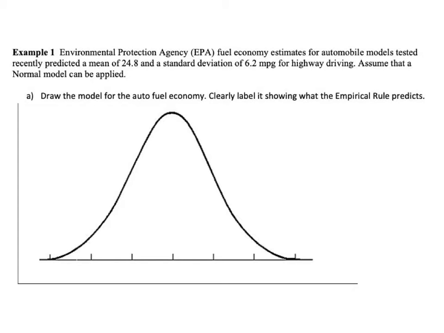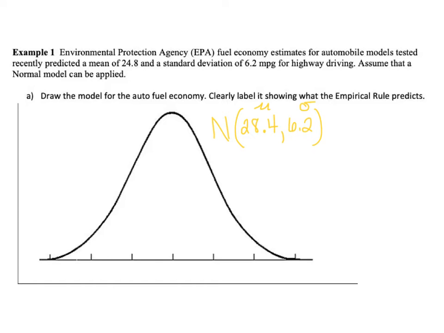Then we're told to draw the model for the auto fuel economy, clearly label it, and show what the empirical rule predicts. So the very first thing that I'm going to do is list a capital N next to my normal model, and I'm going to put my mean and my standard deviation. So my mean is 24.8, and my standard deviation is 6.2.